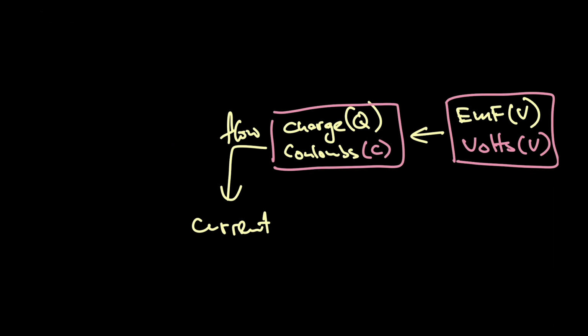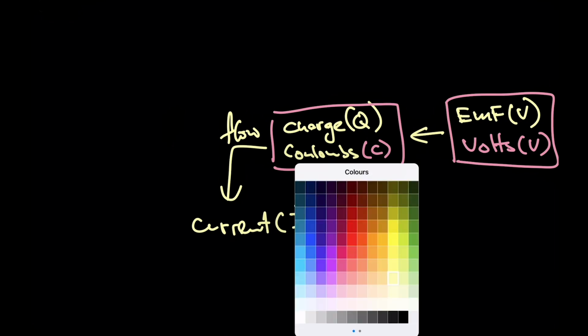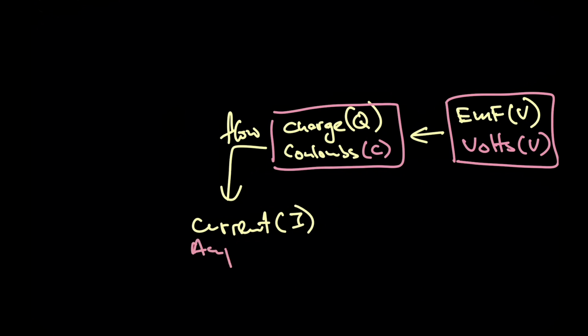So current is I, and it is measured in amperes, which is A.